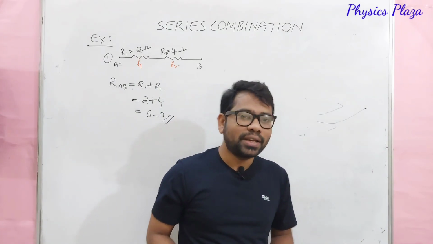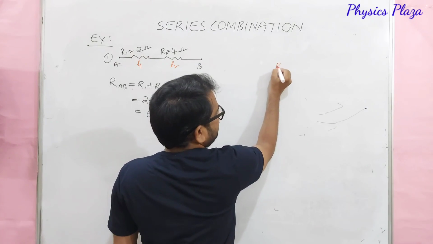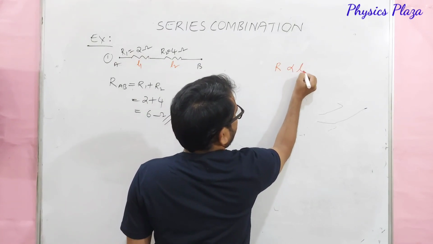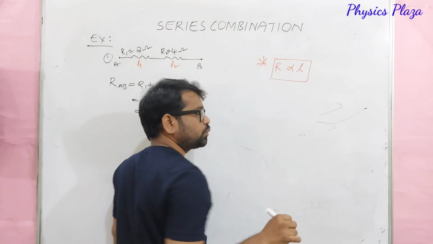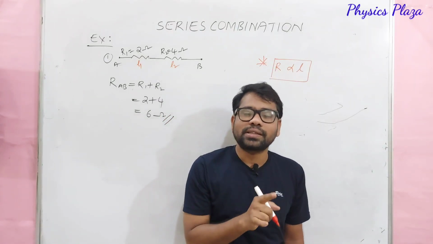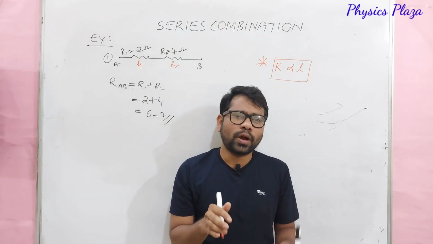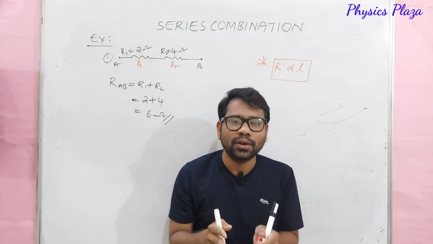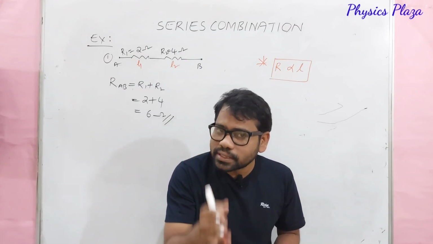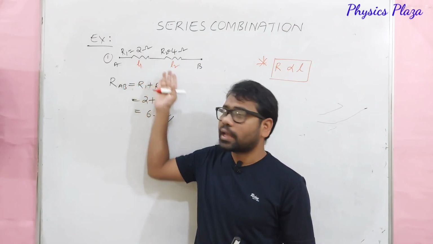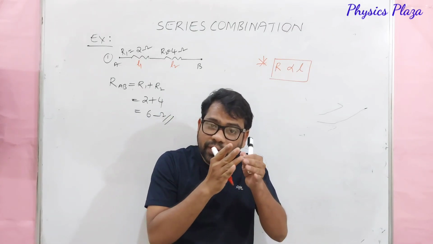And we learned that, dear children, the resistance is directly proportional to the length of the conductor. So why is the resultant resistance always greater? Why is the resistance increasing when two or more resistors are connected in series? The reason is that when resistors are connected in series, the effective length is increasing.